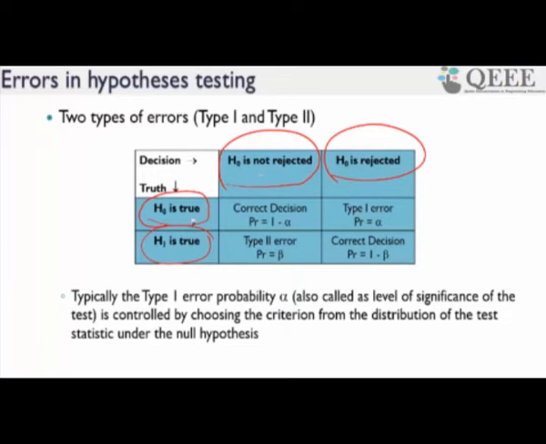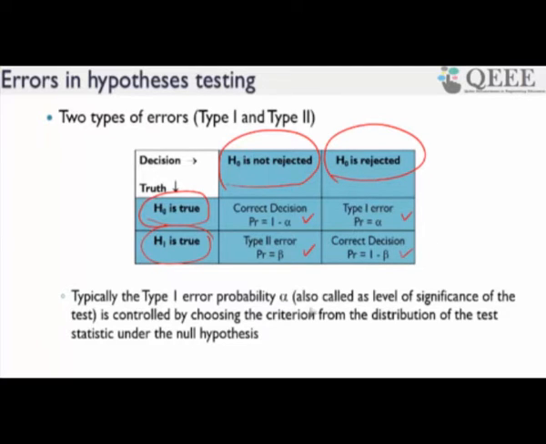Now, if H0 is true and H0 is accepted, then this is the correct decision. If H0 is true and H0 is rejected, this is the wrong decision, type 1 error. If H0 is false but it is accepted, then this is type 2 error, wrong decision again. And if H0 is false and H0 is rejected, this is the correct decision.